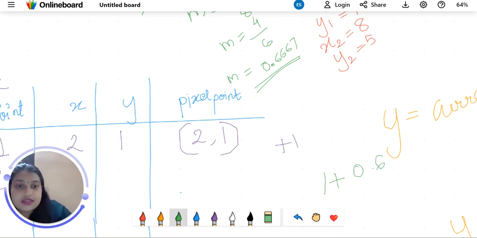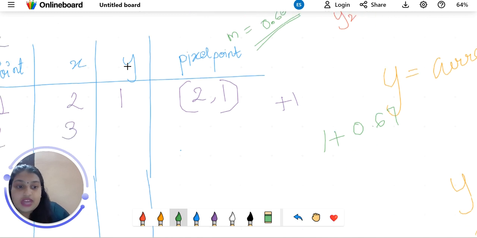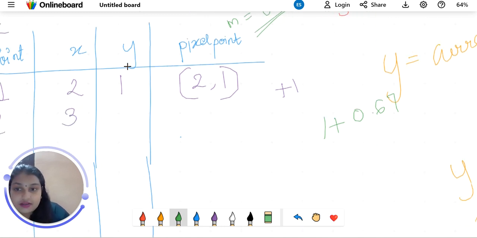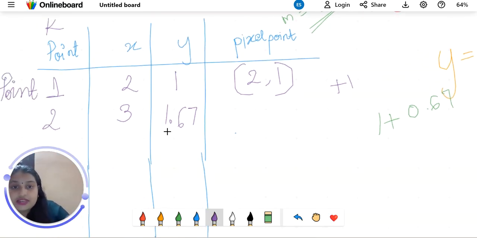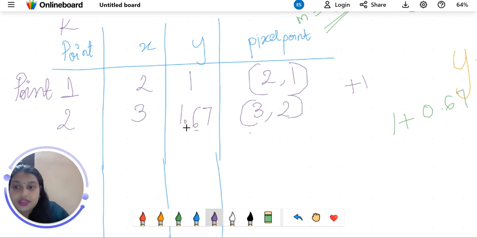I am writing 0.67 as of now. So that is 1.67. Here I have to round off. X's value will not change, it will be 3. But y's value we round off, since this is greater than 0.5, it will be 2. So 3, 2 is the answer.